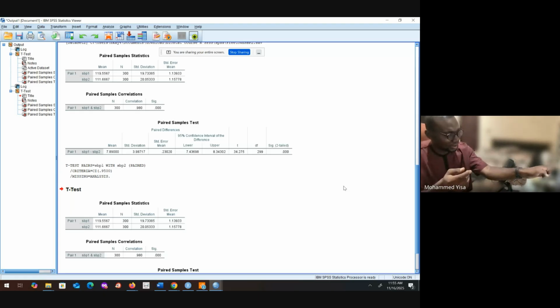You can see it here on the table, SBP1 minus SBP2. If you have a positive value, it means the average BP from week 1 is greater than the average BP from week 2. Or in other words, on average, the blood pressure fell in that group of people after 1 week.